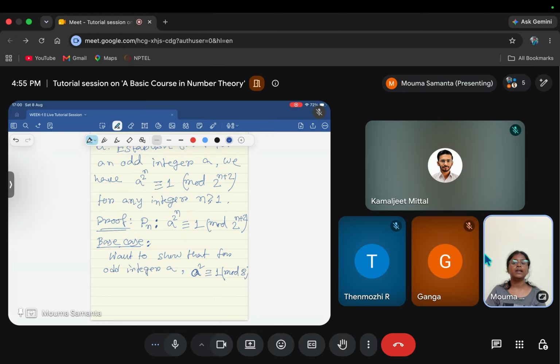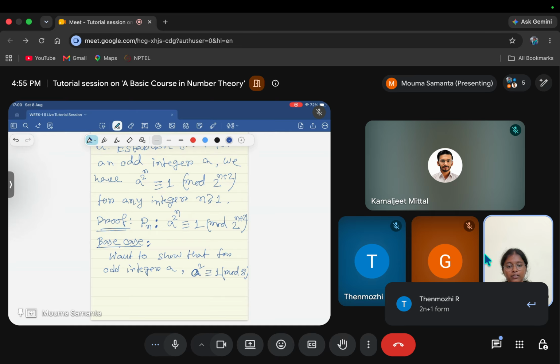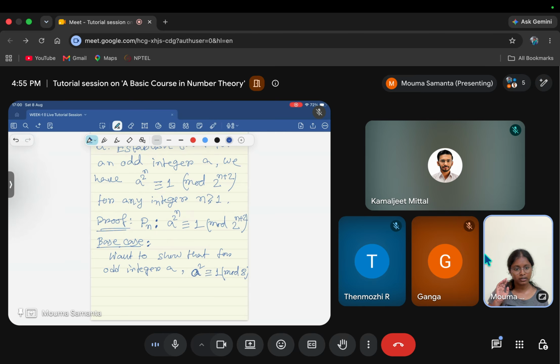Shall we consider a of the form 2n plus 1? Will it give us any answer? This is the first thing we can consider. Since a is odd, we can always take a equals 2n plus 1 for some integer n. But if you proceed further and take a square, it gives 4n^2 plus 4n plus 1.